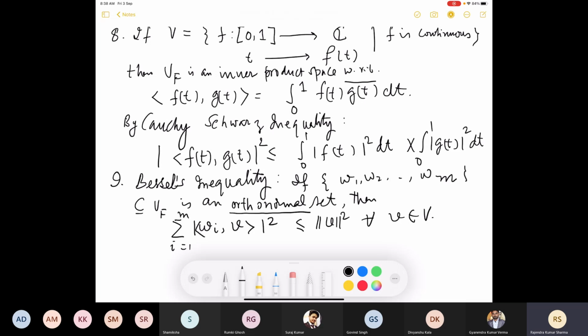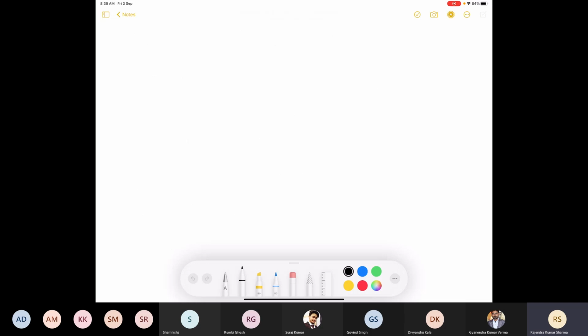And we say orthonormal if the vectors are orthogonal as well as the norm is 1. All right, so orthogonality. So let us say V over F is an inner product space.